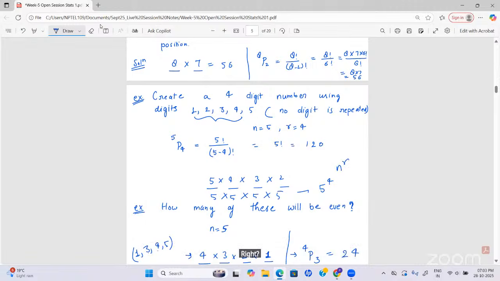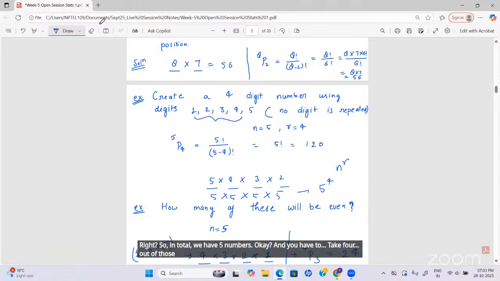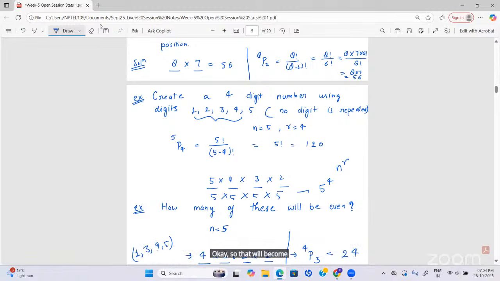In total, we have 5 numbers, you take 4 out of those 5, and repetition is allowed. In general terms, that will be n to the power r. This is the formula I have written.